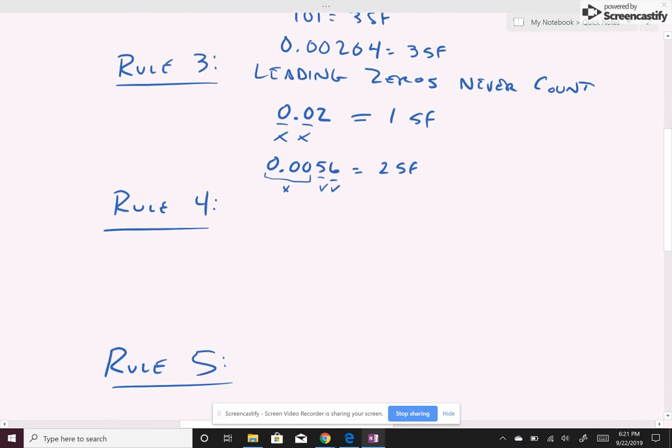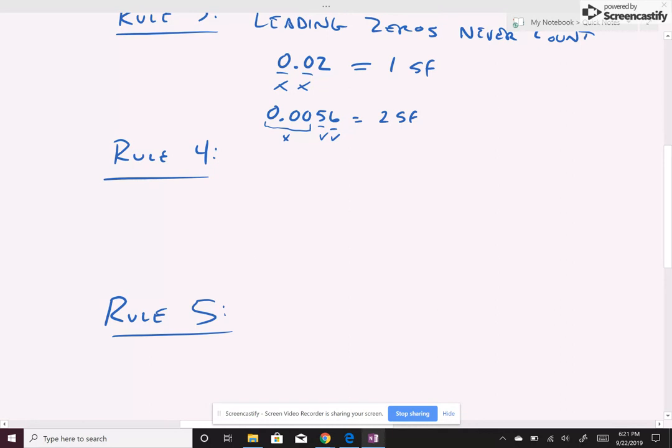Then rule number 4 is all about our trailing zeros. For trailing zeros, the rule is a little bit different because trailing zeros are tricky. It says trailing zeros only count if there is a decimal place.